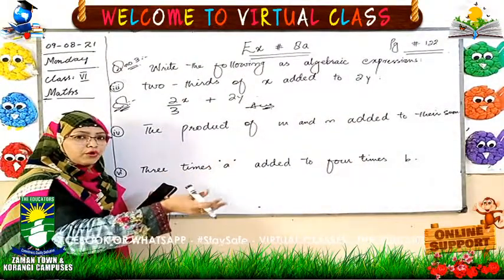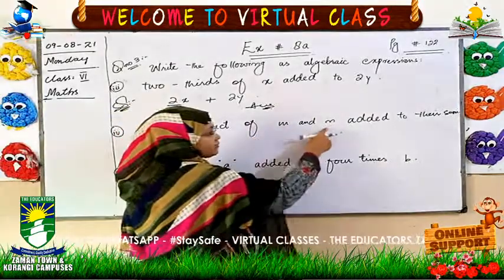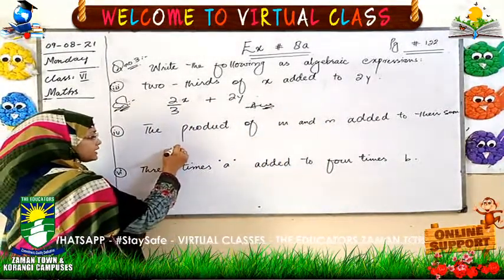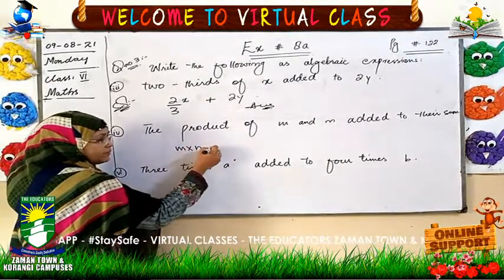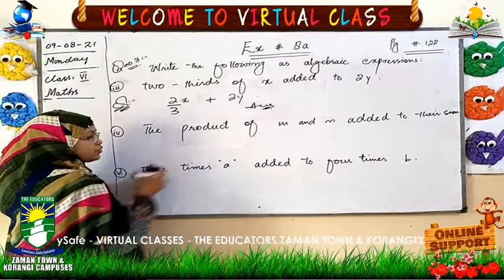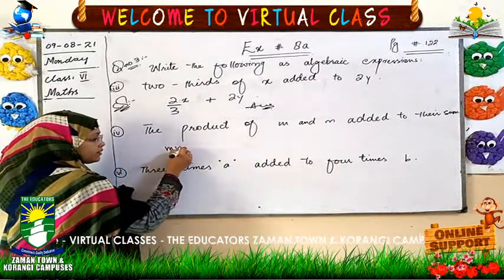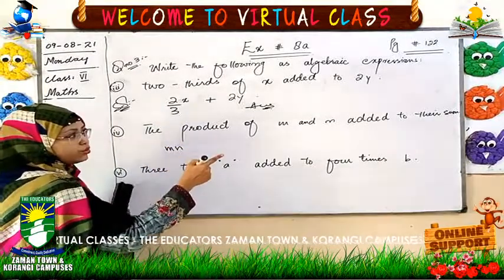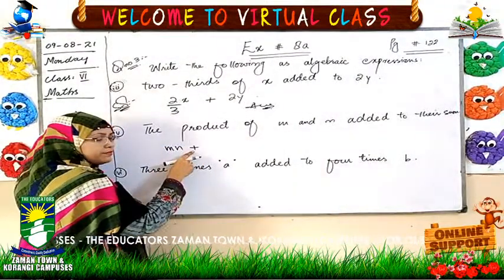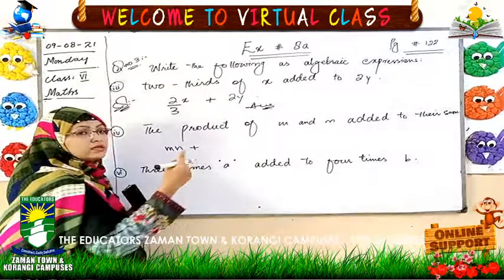Okay. The product of m and n. Product means multiply. If we multiply m by n, it will be equal to mn. It means the product of m and n is equal to mn. Added to, which sign do we make for added to? Plus. Their sum.